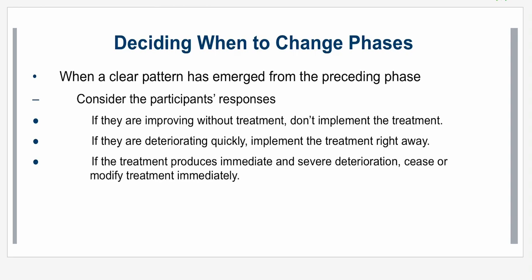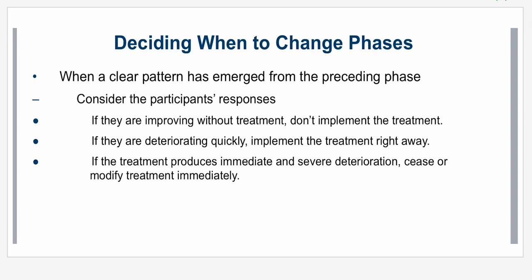And so if they're already improving on their own in the baseline, then you can't really establish whether or not that treatment's going to have an effect. And so it is better to let them improve. And then if it levels off at some point, and has that stable level, then you could introduce the treatment.